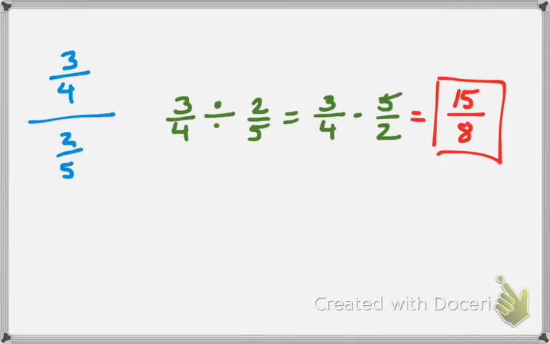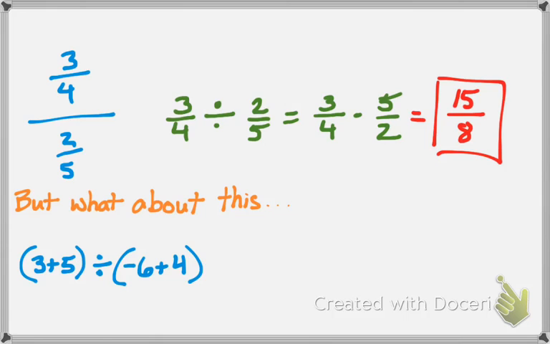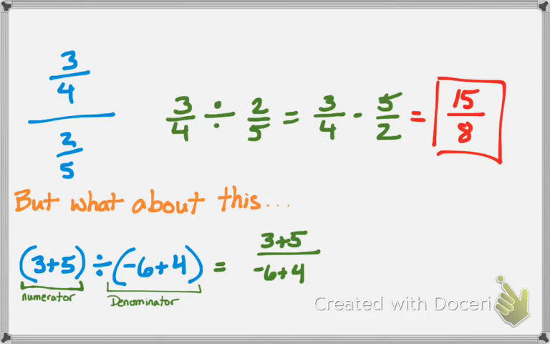Alright, so let's go maybe a little bit more difficult. If I have grouping symbols, these parentheses around the numerator and the denominator, or around the dividend and divisor, then you've got to think about order of operations. What do you do first? Well, let's take a look. So 3 plus 5 is my numerator, -6 plus 4 is my denominator, making a new complex looking fraction, except it's not a complex fraction because there aren't any fractions in it.